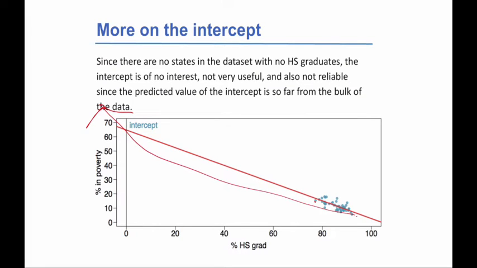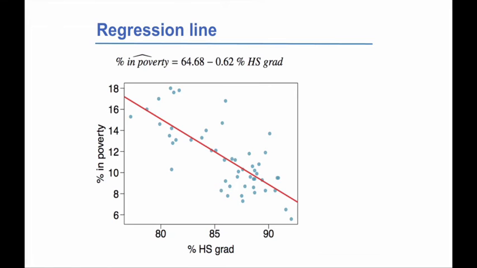We cannot be sure that the trend continues for values of the explanatory variable that are well outside the data that we have collected. So, we would say that this is extrapolation. We'll talk more about extrapolation in a minute.